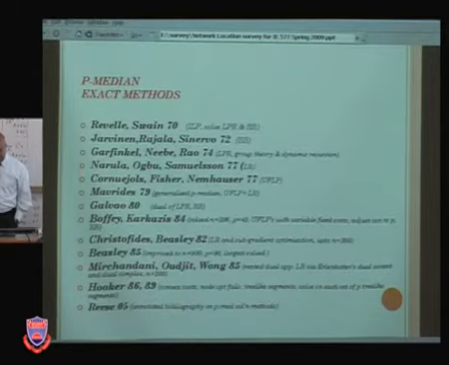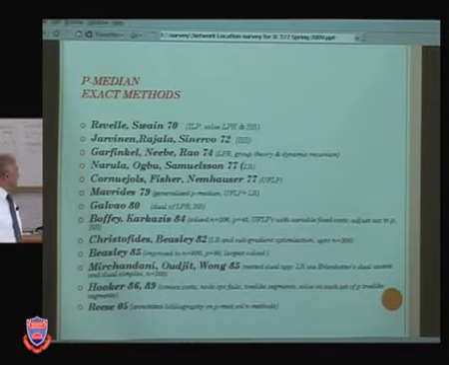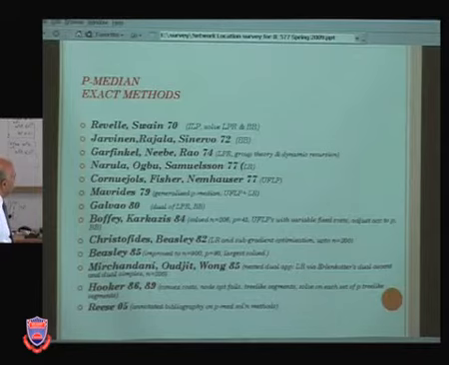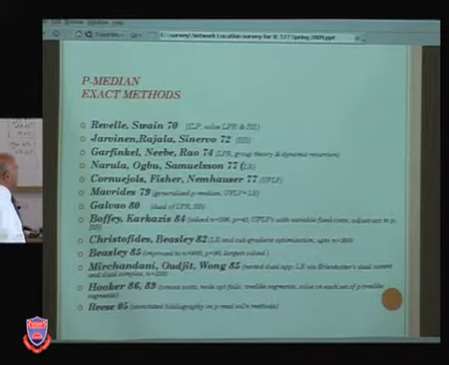So based on that, this is the history of what has happened in the solution methodology for this problem. Essentially, all of them are based on the IP formulation I gave you. ReVelle and Swain actually solved the problem using the integer linear programming formulation.